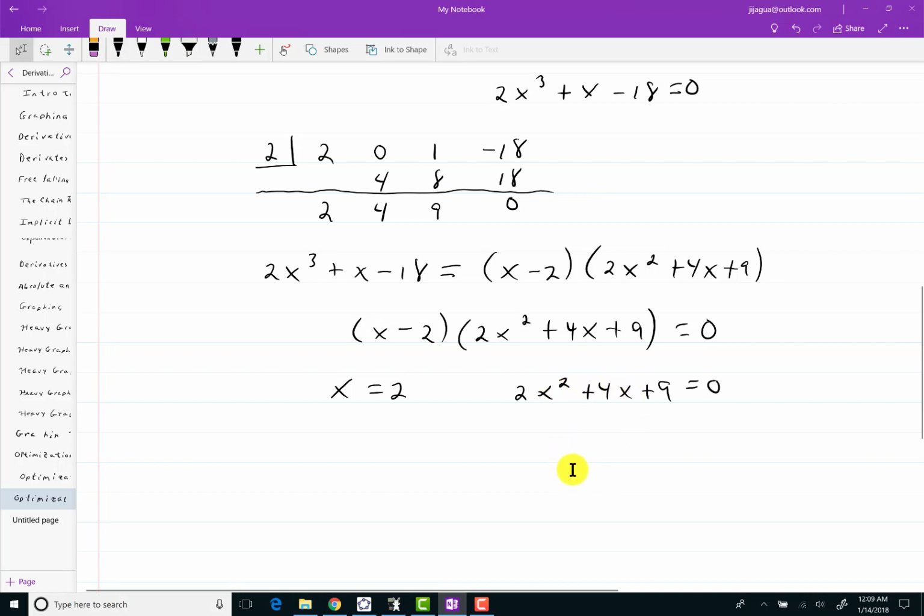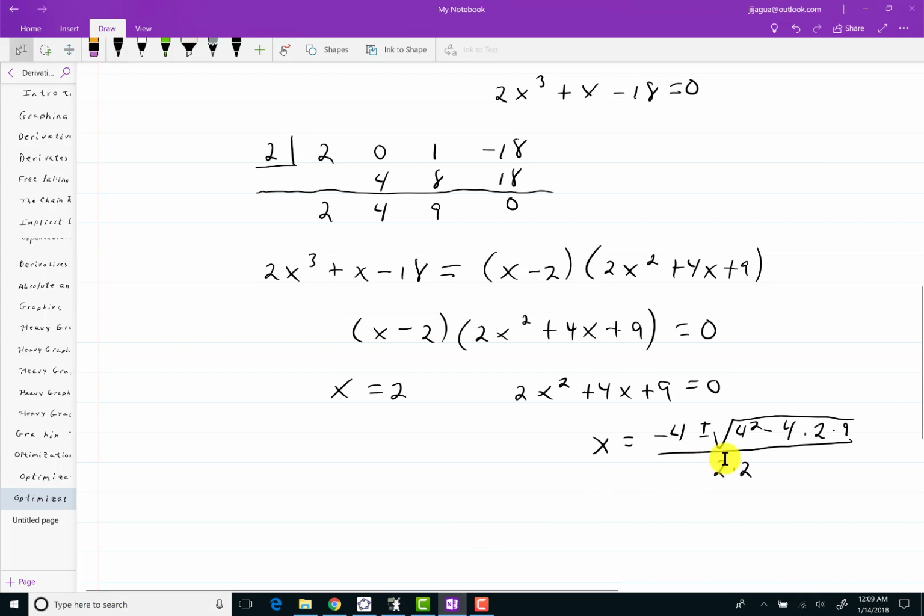Then I'll use the formula x equals negative 4 plus and minus the square root of 4 squared minus 4 times 2 times 9, all of that over 2 times 2.